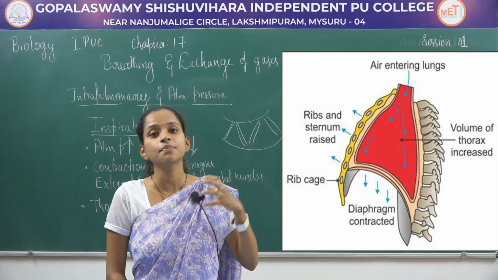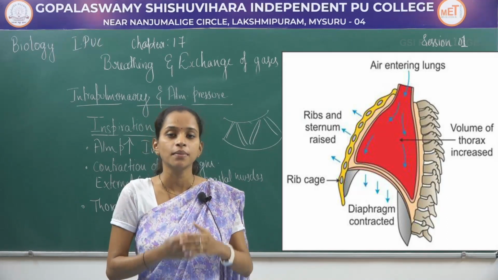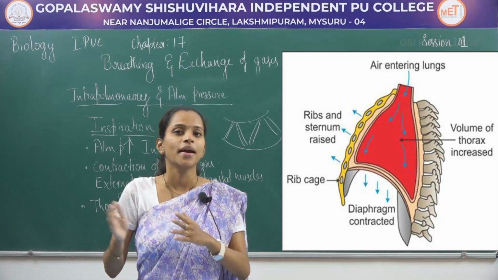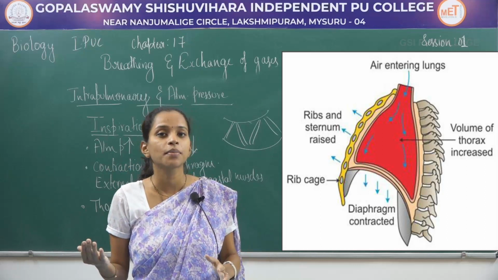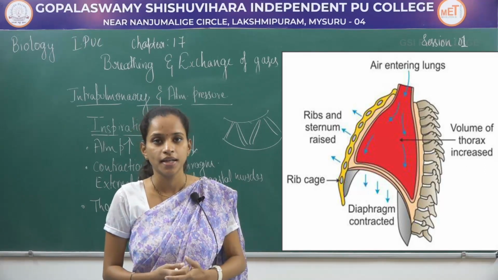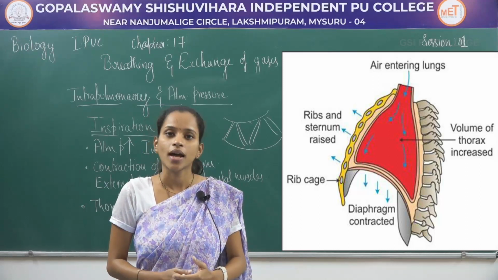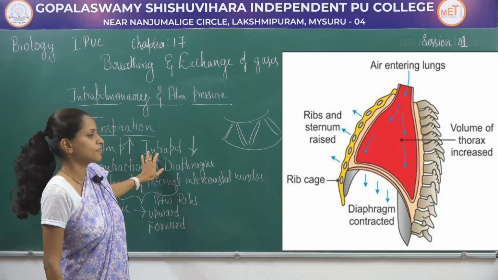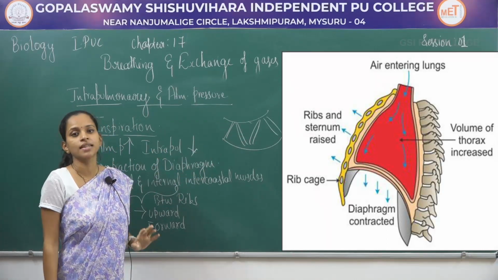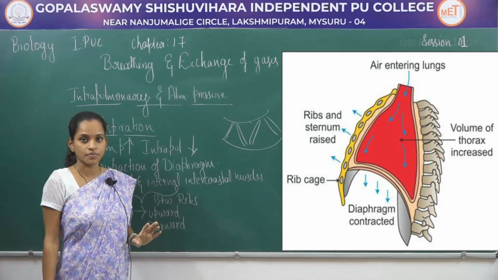This increased pulmonary volume automatically reduces the intrapulmonary pressure when compared to the atmospheric pressure. That is how the atmospheric pressure is now more compared to the pulmonary pressure and the atmospheric air rushes into the thoracic cavity to complete the process of inspiration. The same thing is represented in the diagram there, which represents the inspiration process.